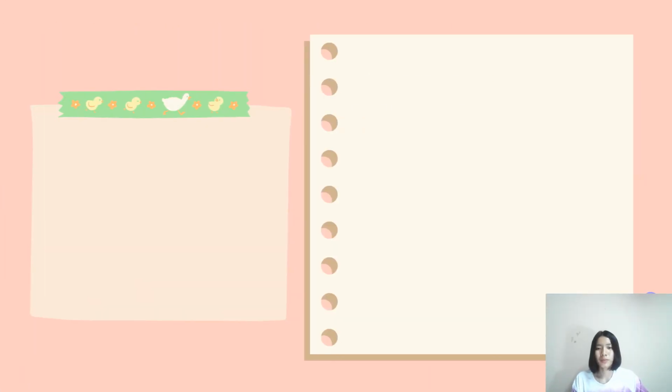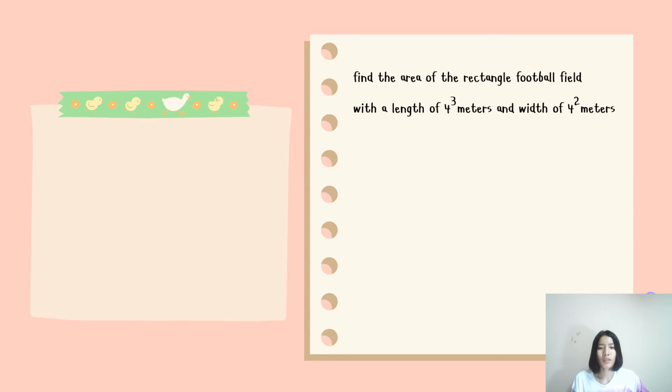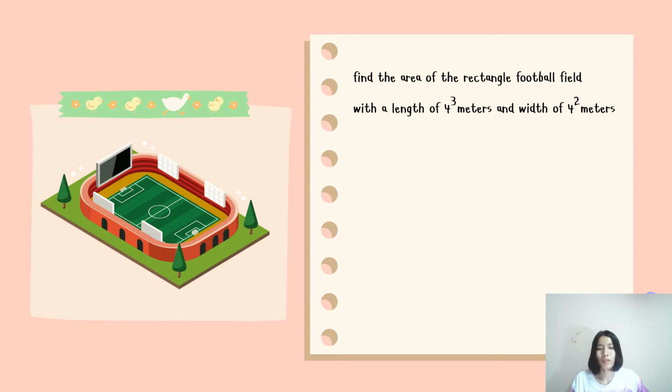Another example. Find the area of a rectangular football field with a length of 4 to the power of 3 and a width of 4 to the power of 2 meters. To find the area of the rectangle, we need to multiply the length times the width.